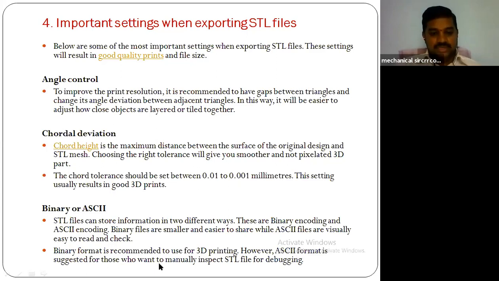ASCII format is suggested for those who want to manually inspect the STL file for debugging. So for the manual inspection process, we will go for this particular ASCII format.